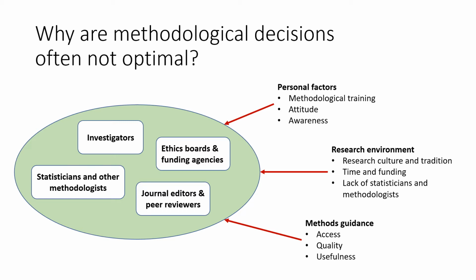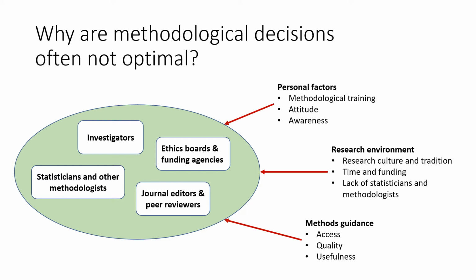Their methodological decision-making might be influenced by personal factors, including methodological training, attitude towards methods, awareness of the decision-making challenge. Their decision-making depends on the research environment they are working in, like the research culture and tradition in their field, time constraints, lack of funding, lack of statisticians and methodologists who are available for collaboration.